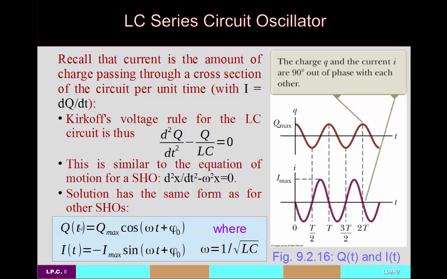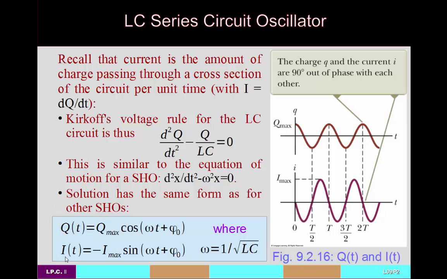And the things that we've changed here are that in a simple harmonic oscillator, for example, a mass on a spring, omega was equal to the square root of the spring constant divided by the mass. Here, omega is 1 divided by the square root of the product of the inductance and the capacitance. And we've changed from displacement and velocity to charge and current.